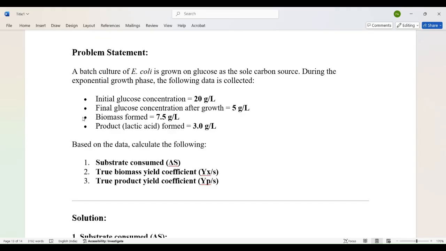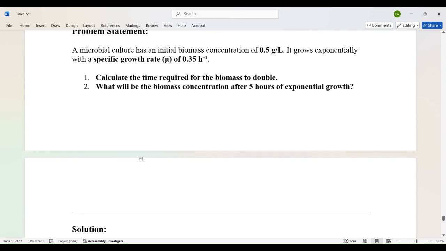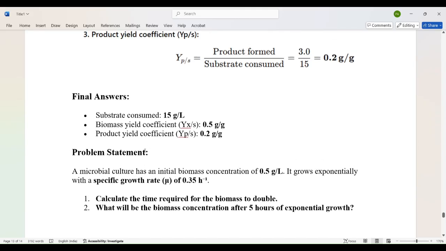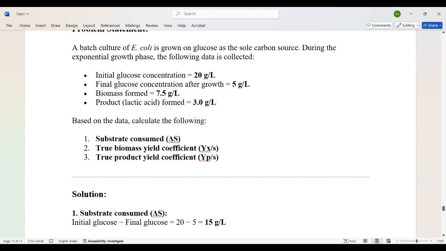One related to the growth phase and the kinetics of that, and another related to the growth rate, specific growth rate, and the time by which we will have our desired population. All right. So I'm reading the problem statement: a batch culture of E. coli is grown on glucose as the sole carbon source, and during the exponential growth phase, the following data is collected.